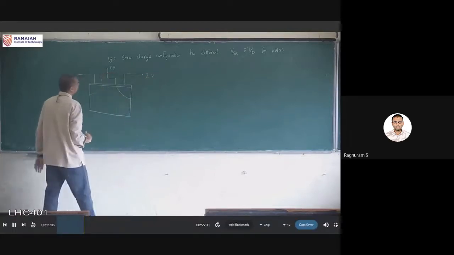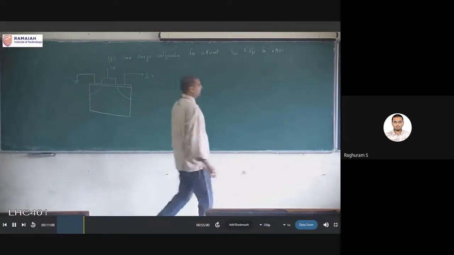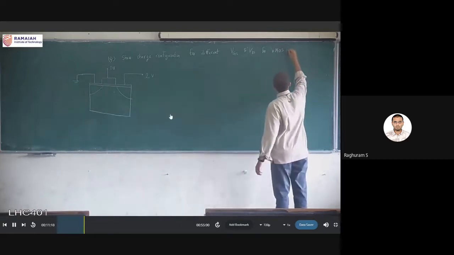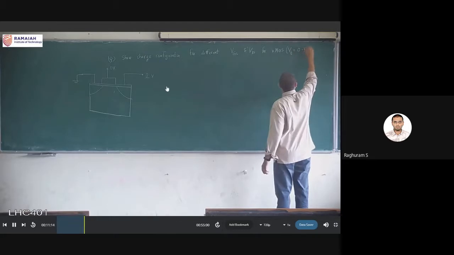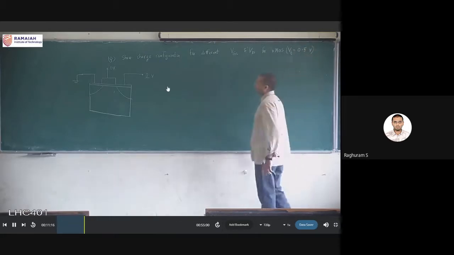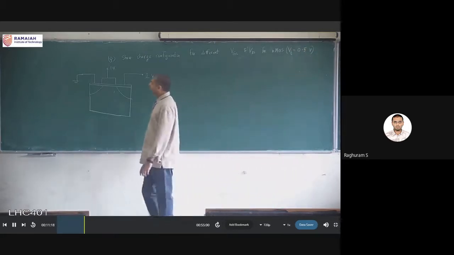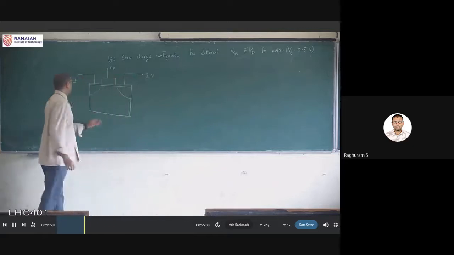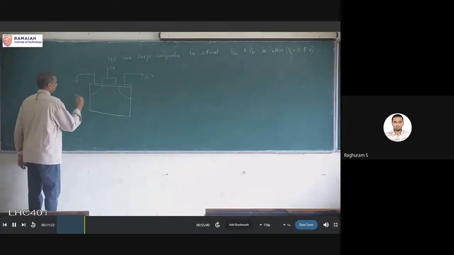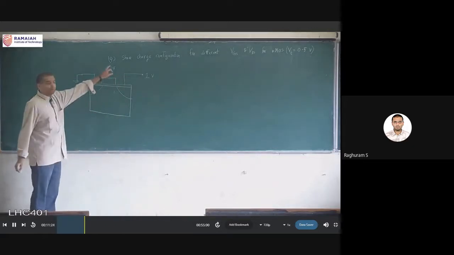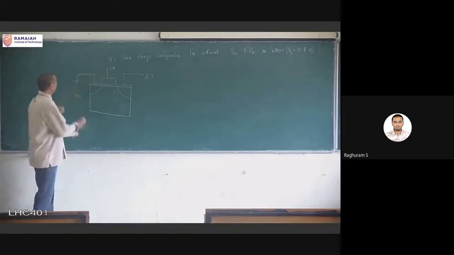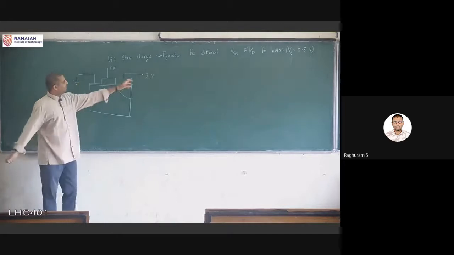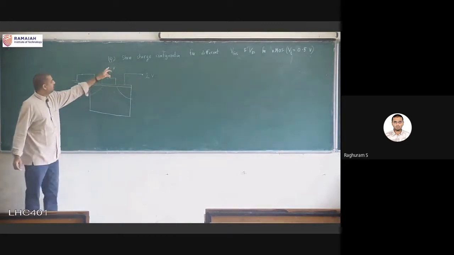Let us also give a value for the threshold voltage, VT equal to 0.5 volts. So we have an NMOS where, in the first case, let us call this case A, 0 volts, which means that source is connected to ground, drain is connected to 2 volts, gate is 0 volts.